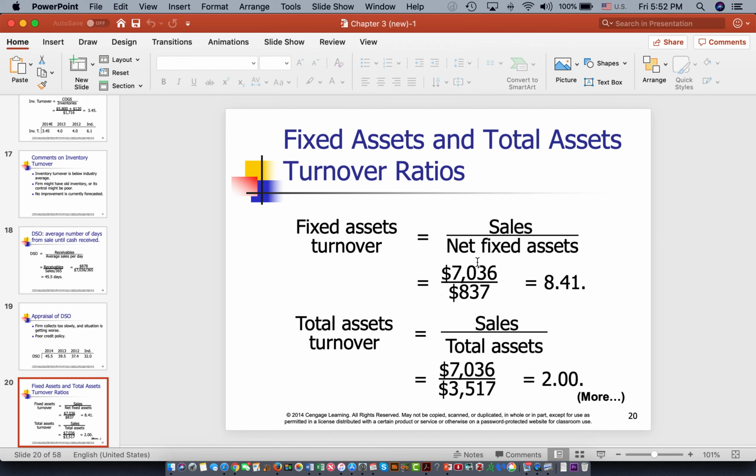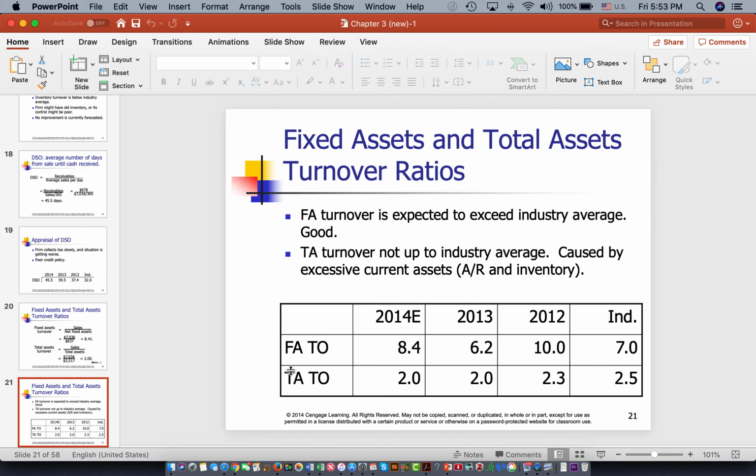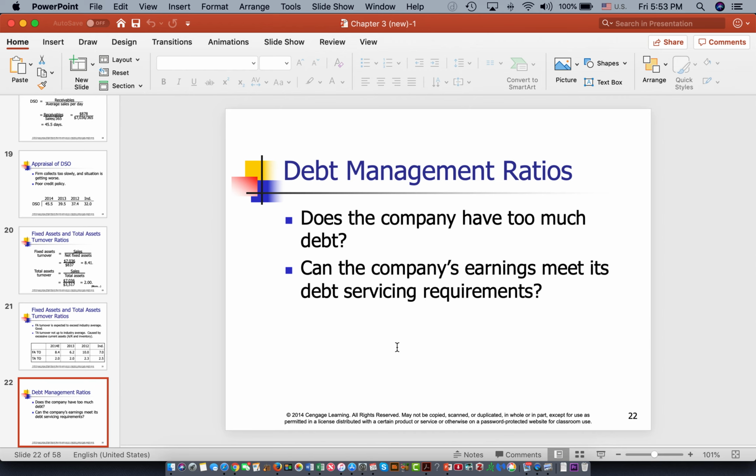So it is turnover ratio, how much sales you can make with a given net fixed asset, and higher is better. You look at fixed asset turnover and total asset turnover and compare with the industry; one is higher, which is better, but one is lower, which is not.